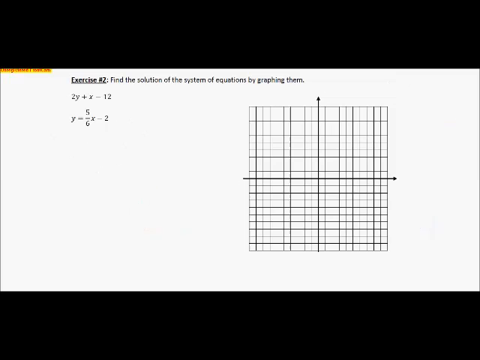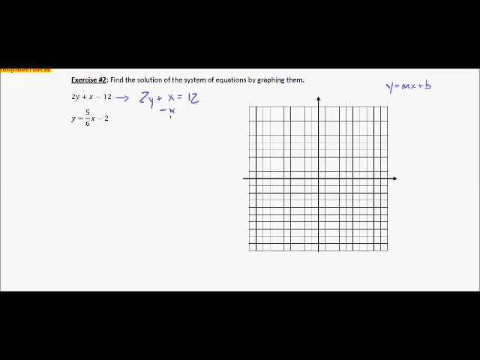Let me get this one off of here, and this is similar, although we have a little more work to do, because we still need the form y equals mx plus b, and you can see this one is not in that form. Okay, so what we've done for a while now, if it's not in the form y equals mx plus b, then you put it in that form.